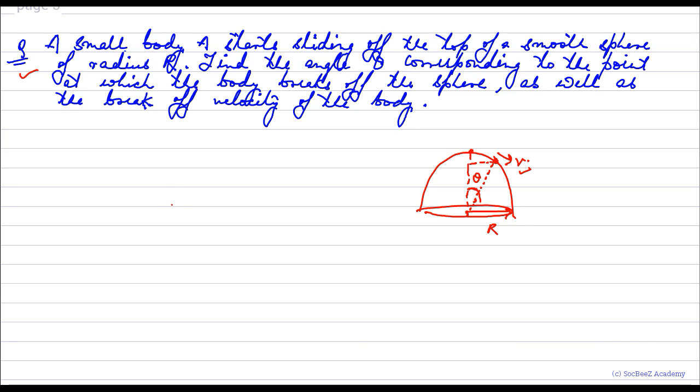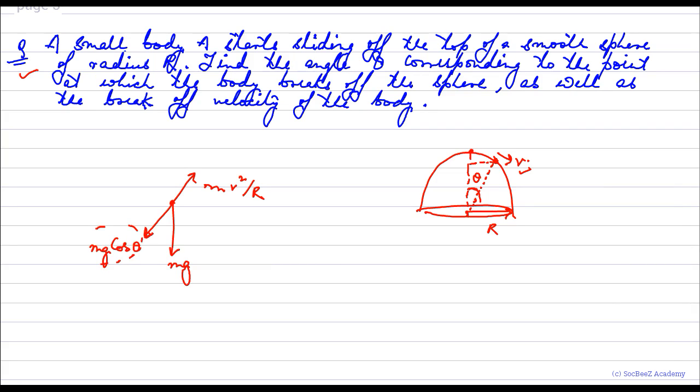What I mean to say is that if the body left contact, the centrifugal force, that is mv square by r, is going to be balanced by the component of the weight, that is mg, acting along the radially inward direction, which is mg cos of theta.